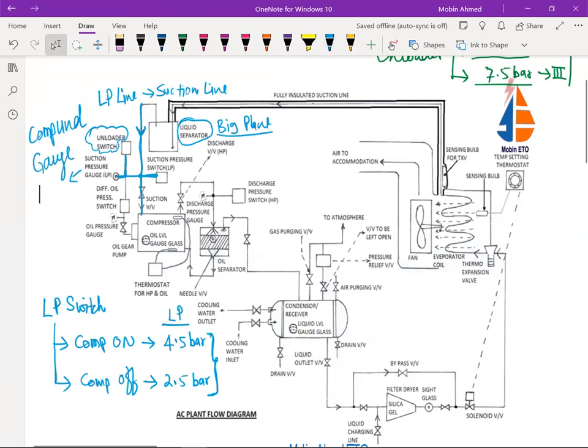What is this compound gauge? I will tell you about this also. I have a photo.